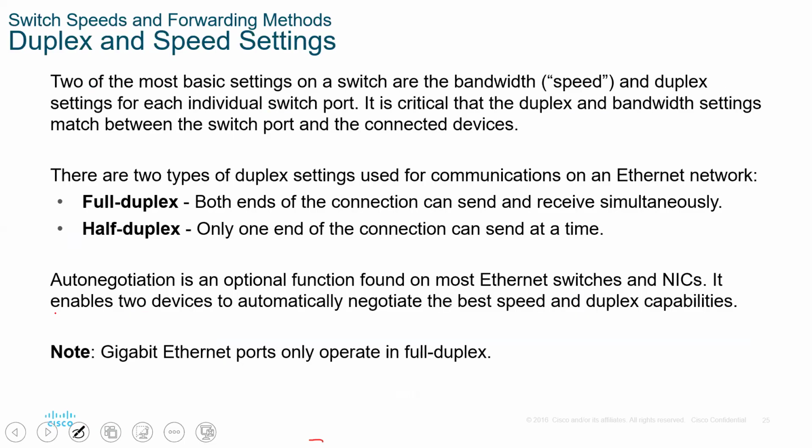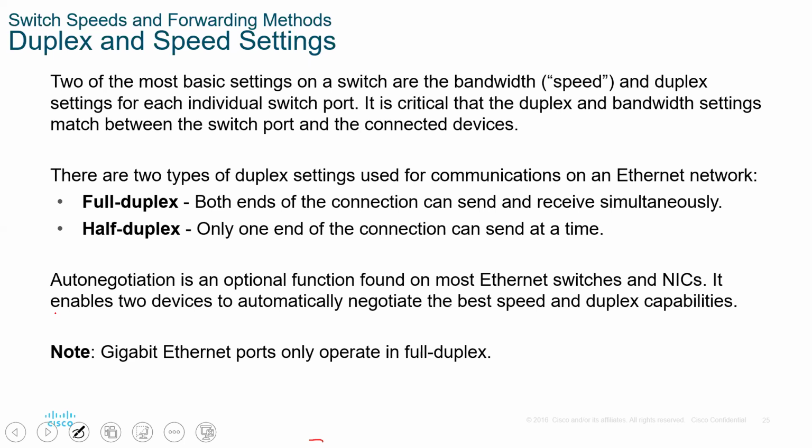How about the duplex and speed settings? When we talk about duplex, we are talking about speed and bandwidth. We're talking about how the devices will communicate with each other. Two of the most basic settings on a switch are bandwidth and duplex.